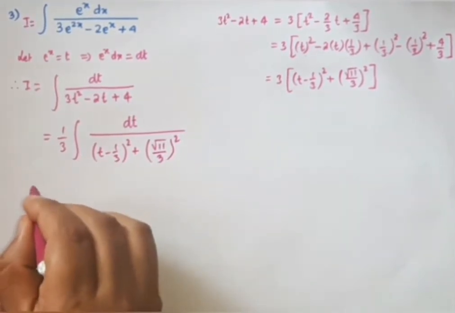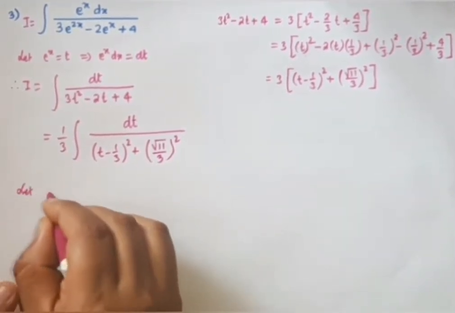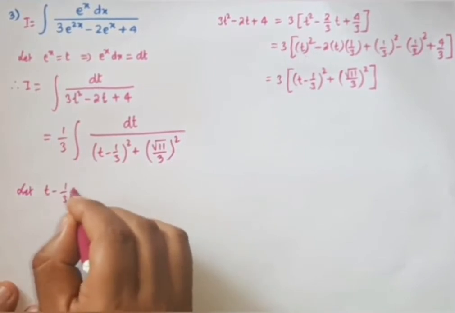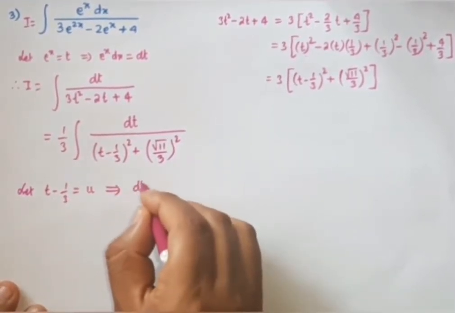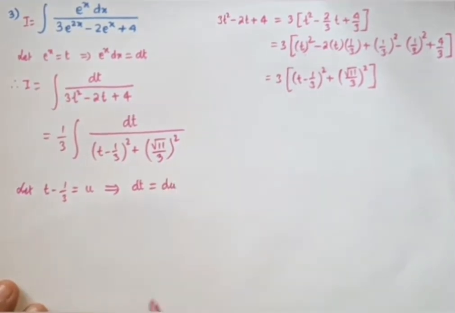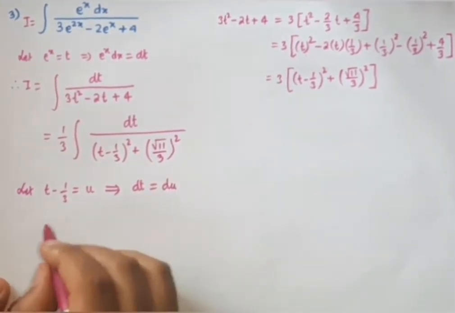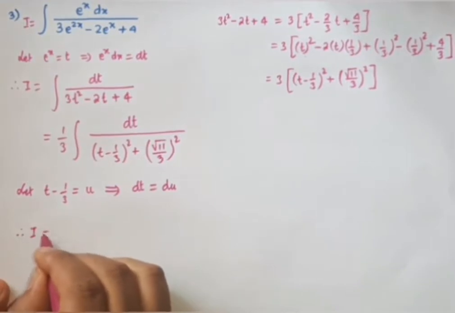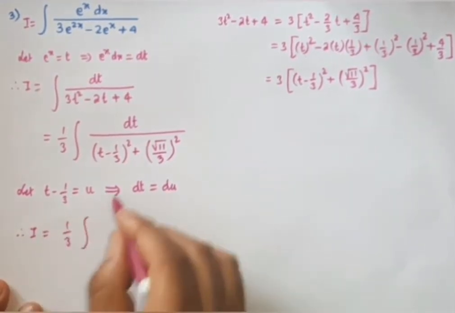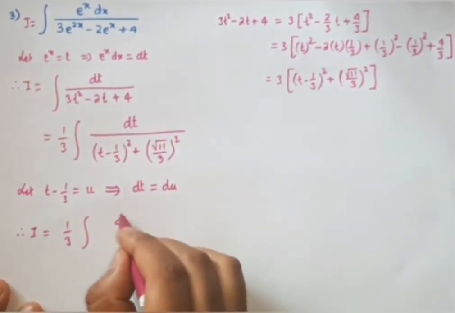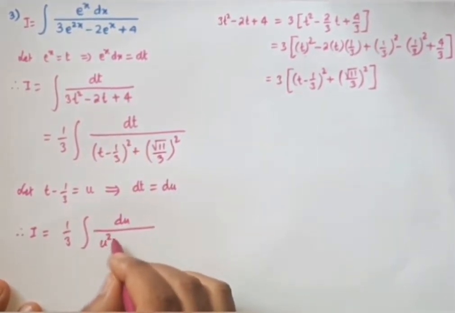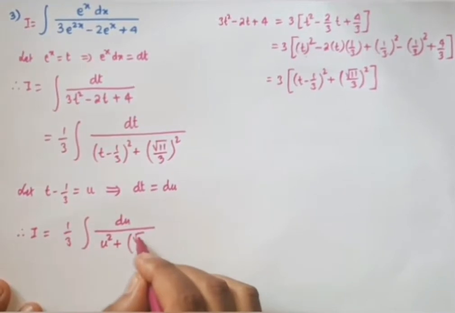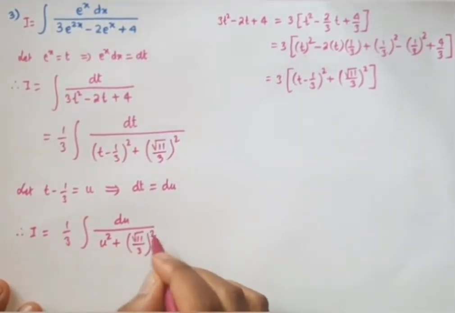Let t minus 1 by 3 equal u. From here we see that dt will be equal to du, right? Therefore my integral I will become 1 by 3 integral of du by u square plus root 11 by 3 whole square.